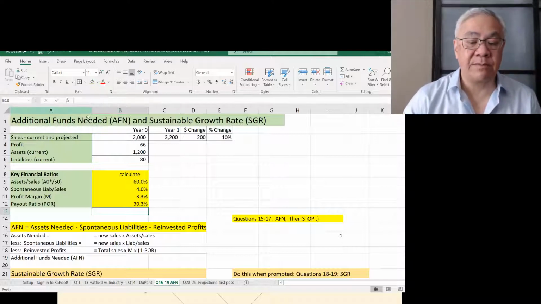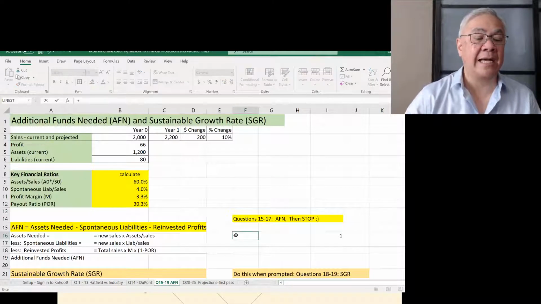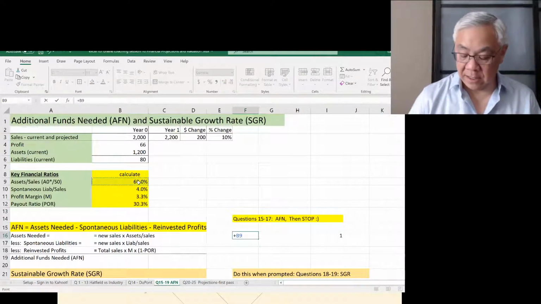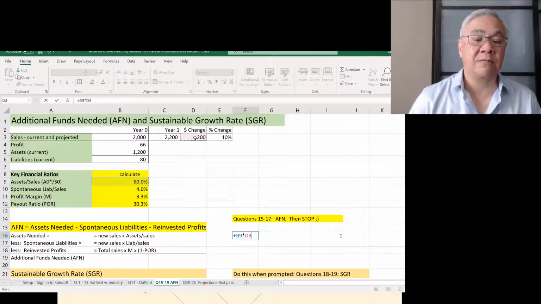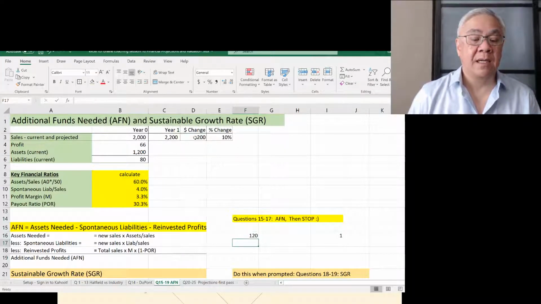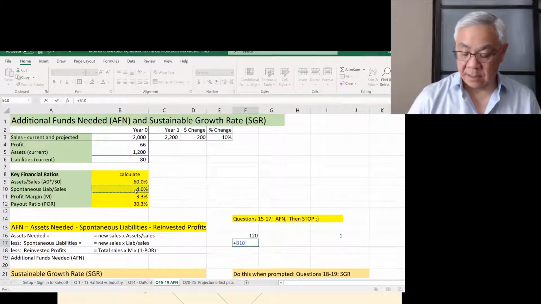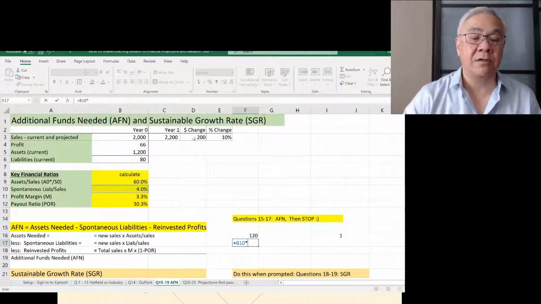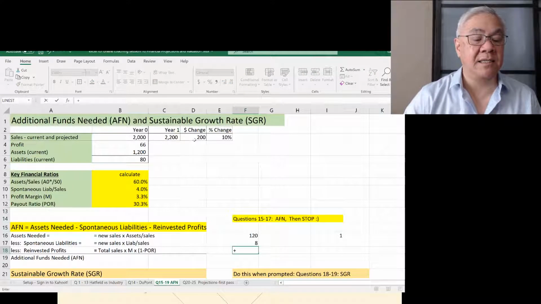As far as the calculations below, we can now solve it. The first factor is the assets needed, which is 60% times the growth in sales, new sales, which is $200. The spontaneous liabilities, we're going to get 4% times the new sales. And we're going to get that from our vendors. And then the last part is the reinvested profits.